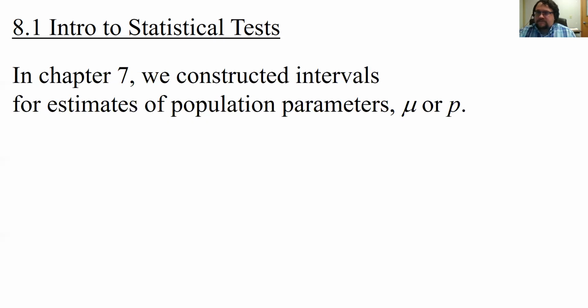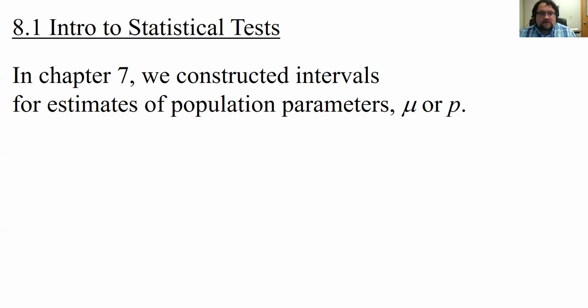And so what we're going to do is kind of similar to that, but we're going to look at what's the likelihood we would fall at an extreme value if the population parameter was where we think it is. If it's very unlikely we would be at that extreme value, then we're going to look at rejecting what we think the population parameter is. That's where this is going to go.